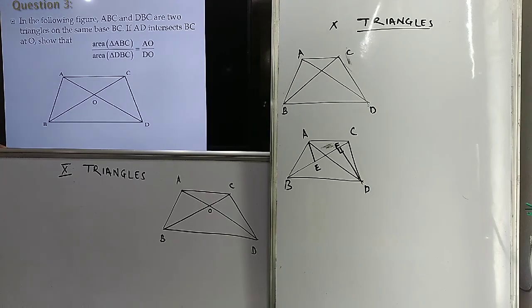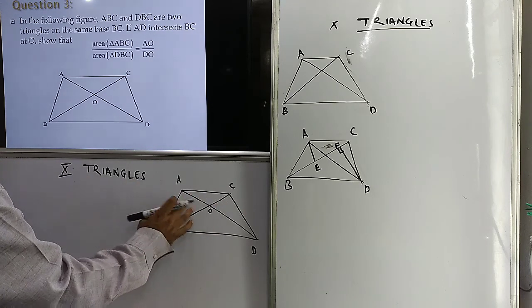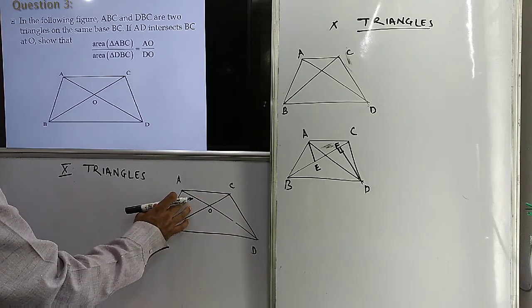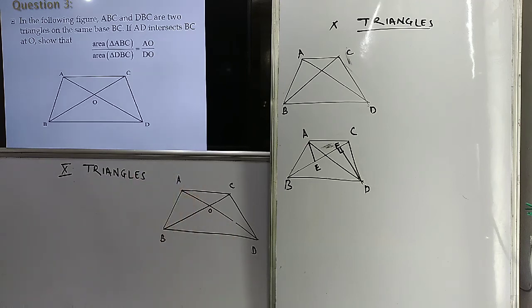Now what is given in this problem? In this problem, ABC and DBC are two triangles on the same base BC. So this ABC and this DBC are the two triangles. This triangle has base BC and this triangle also has base BC.